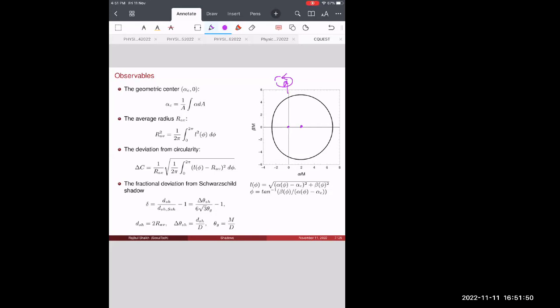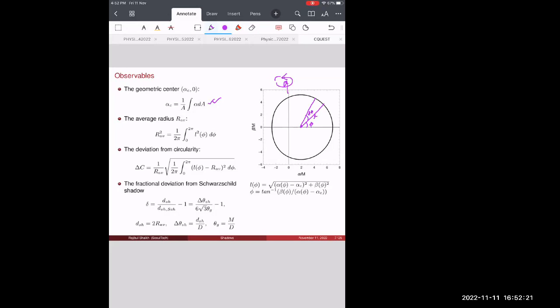Now we can find out the center, this geometric center, using this expression. And once we find out the center, we find out its total area. To find the total area, we draw a vector L, between L and L plus dL, between angle phi and phi plus d phi.